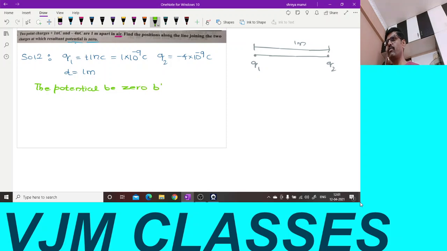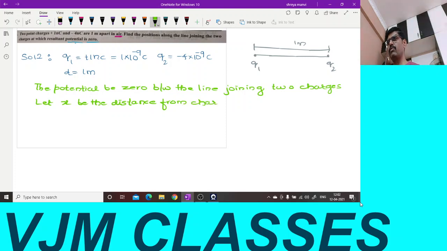between the line joining two charges. Let x be the distance from charge Q1 where net potential is 0.